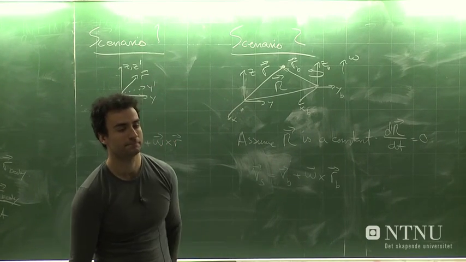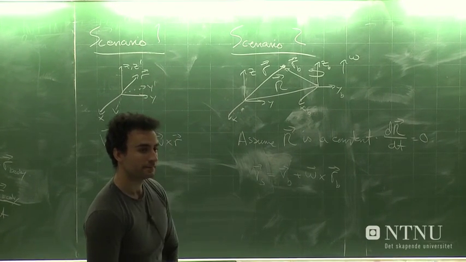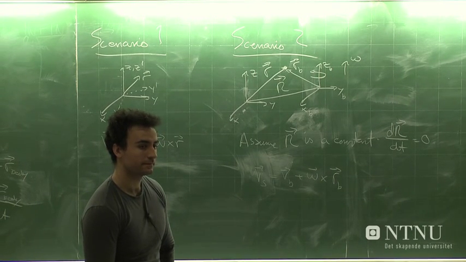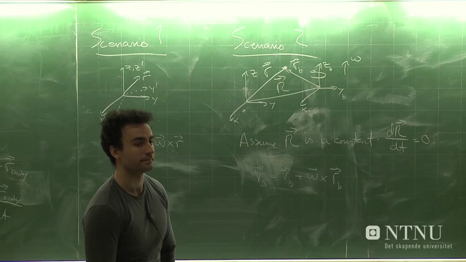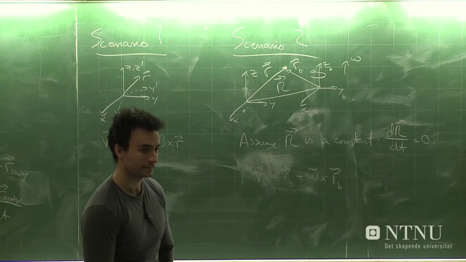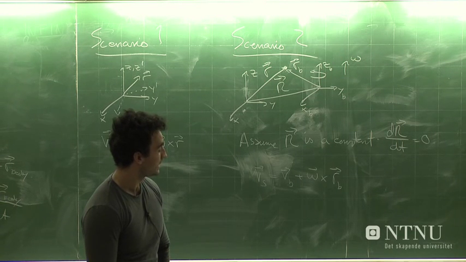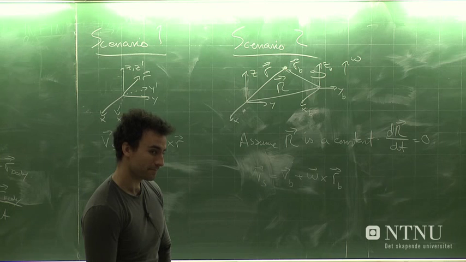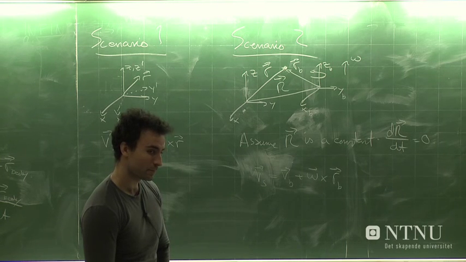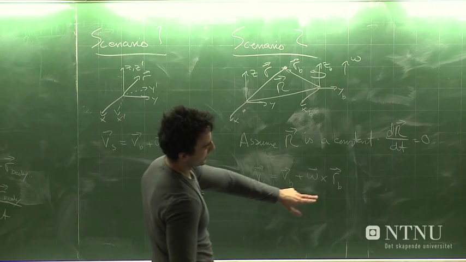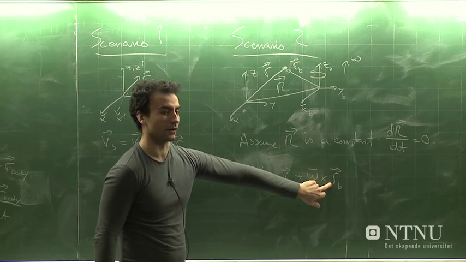Yeah? It says in the previous lecture that you can move the dt to the second term in the cross product. What if you do it to this formula here and get the dt to the r body vector? Then the dr dt vector is equal to the dr dt vector. I see what you mean, but we don't have dr, we only have r.